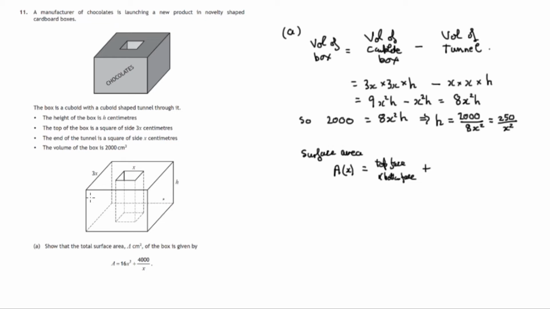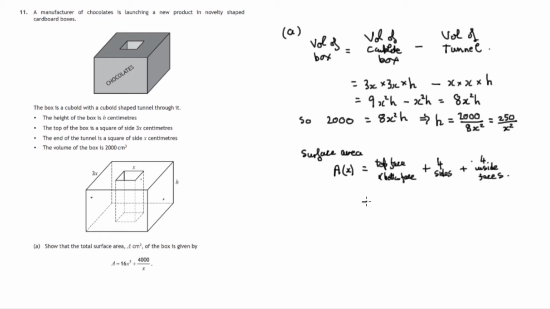There's 4 sides, which are all identical. And then, of course, there's 4 inside faces, and they're all identical. So there's the top and the bottom, that's the ones with a hole in it. There's the 4 sides, and then there's 4 inside faces, the sides of the tunnel.